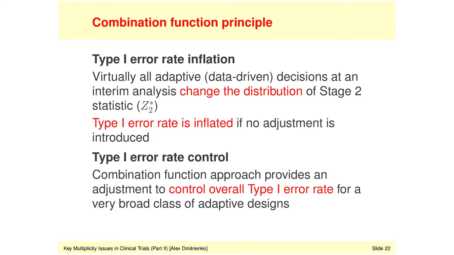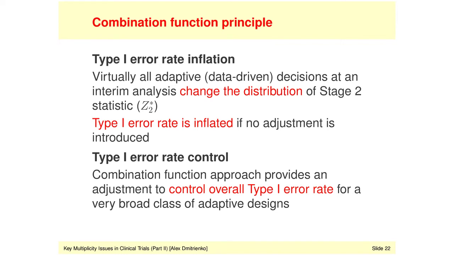The reason we have spent so much time on defining the combination function principle and also discussing its properties is that this principle addresses a well-known problem that arises in clinical trials with adaptive or data-driven decisions. It is known that virtually all data-driven decisions applied at an interim analysis end up affecting the distribution of the stage 2 statistic, denoted by Z2 asterisk.